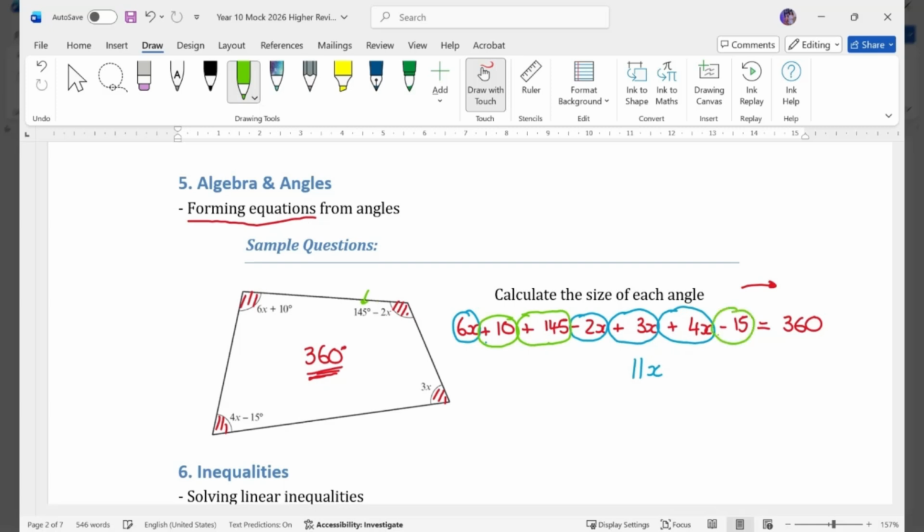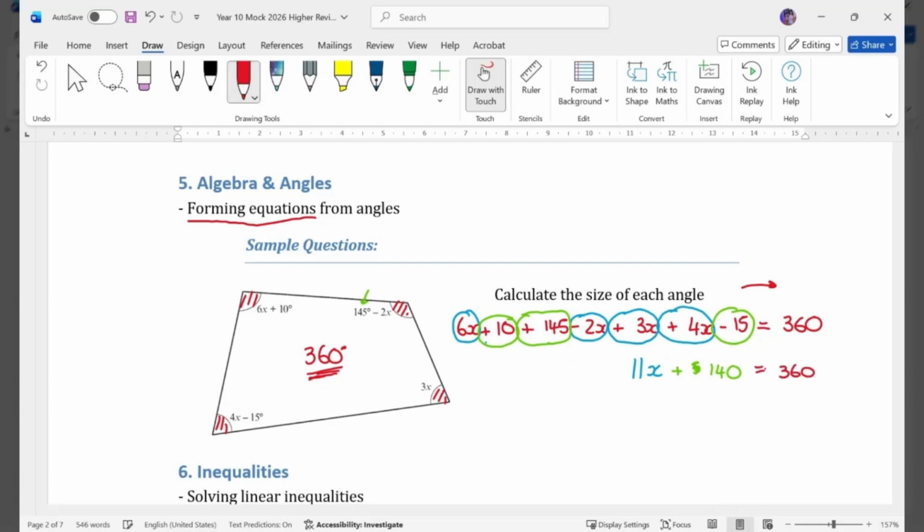Notice nothing is not in a circle now, so the sign before it goes with the number. So 10 add 145 is 155. Take away 15 is 140. Sorry, it's just having a bit of a moment there. Right, so I've simplified. Equals 360.